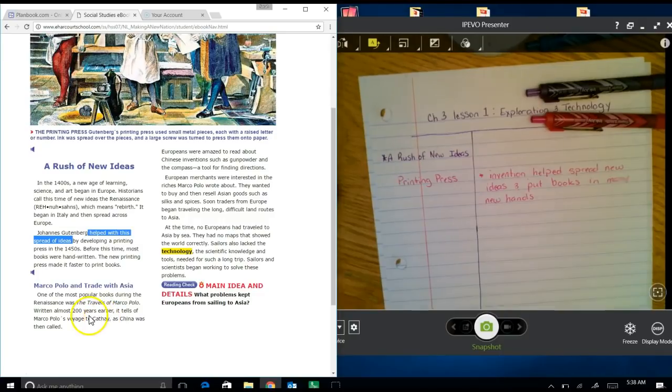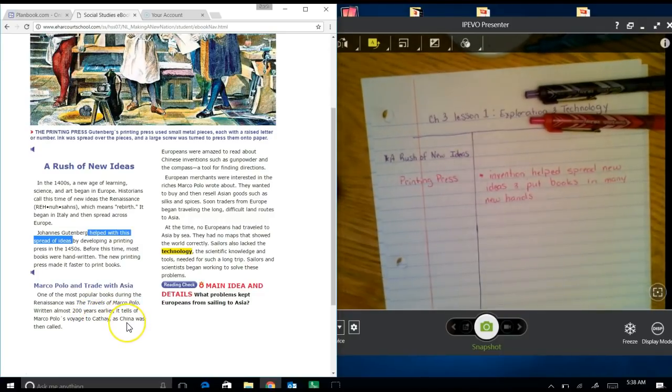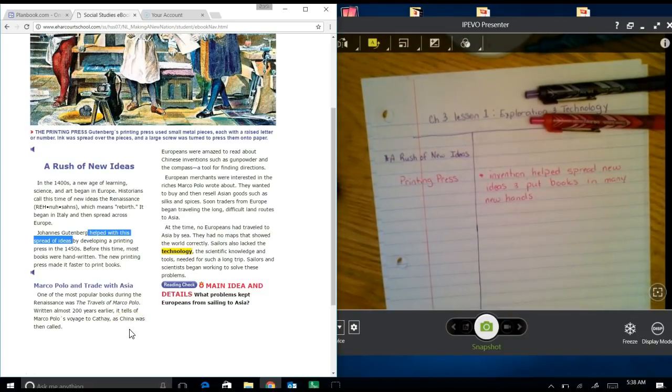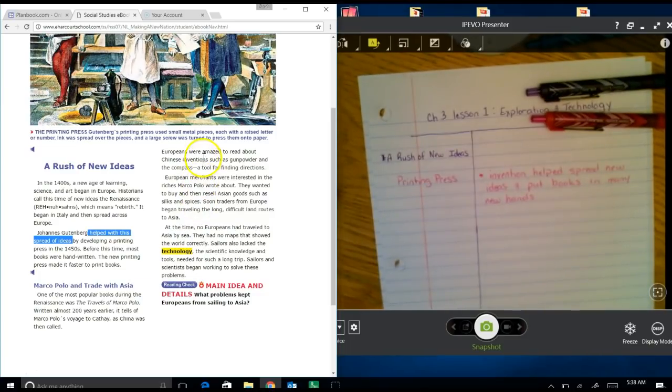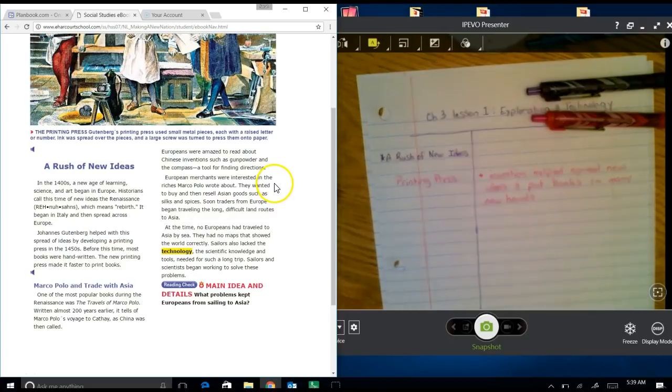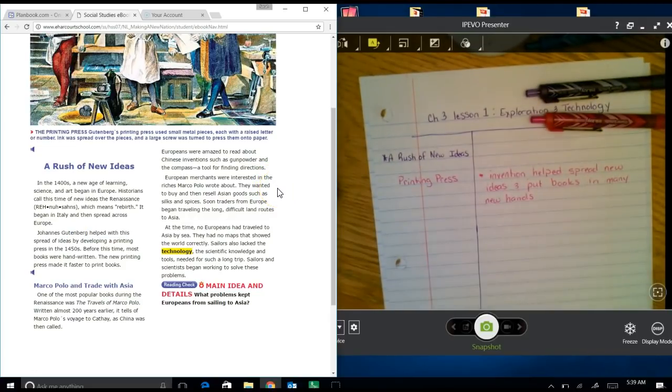Marco Polo and the Trade with Asia. The most popular books during the Renaissance was the Travels of Marco Polo. Written almost 200 years ago, it tells of Marco Polo's voyage to Cathay, as China was then called. Europeans were amazed to read about Chinese inventions such as gunpowder and the compass, a tool for finding directions. European merchants were interested in the riches Marco Polo wrote about.